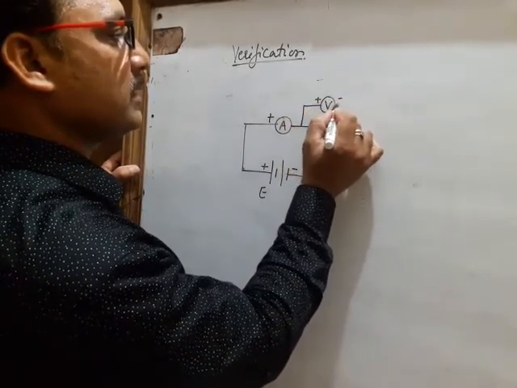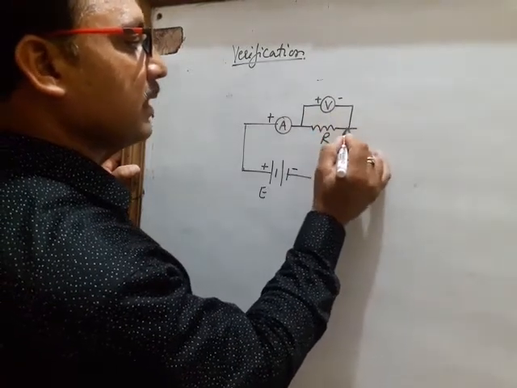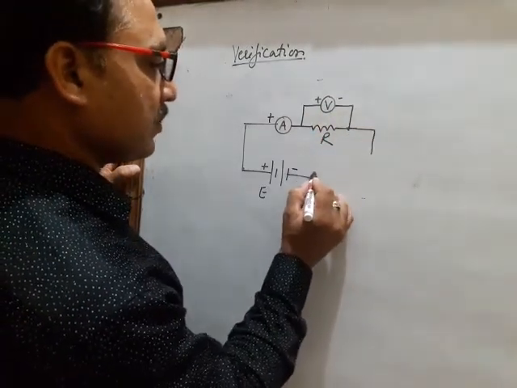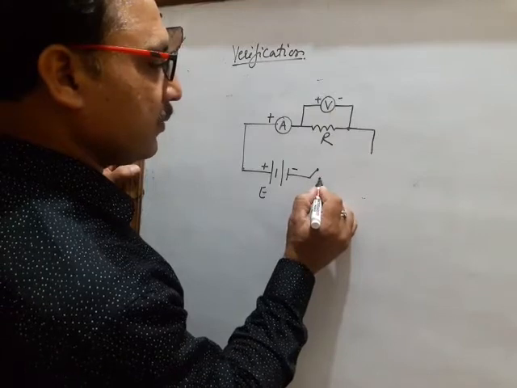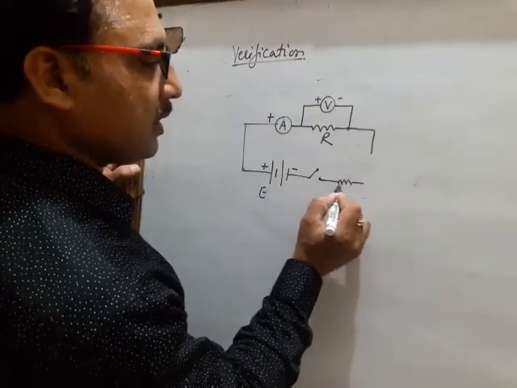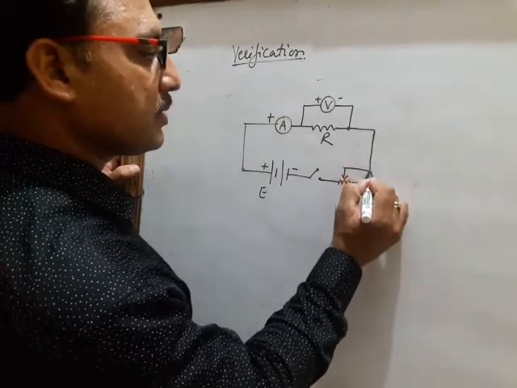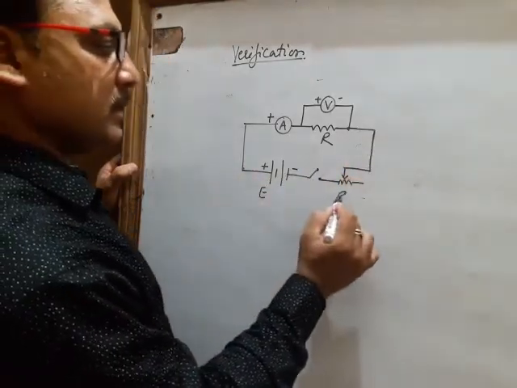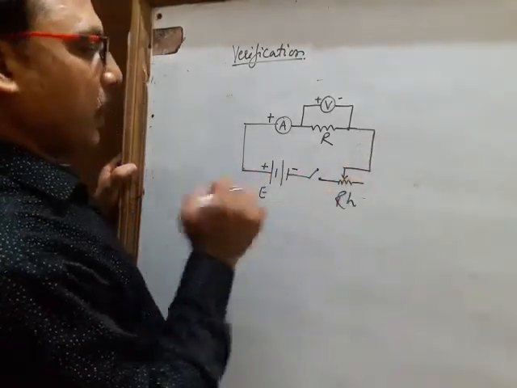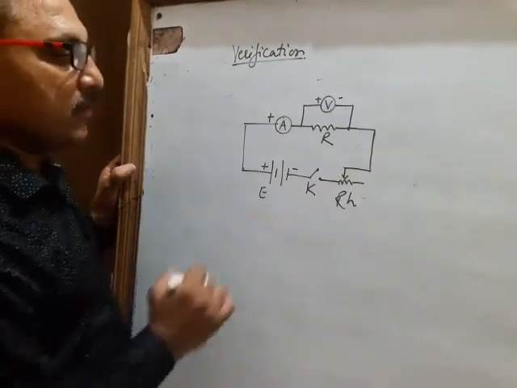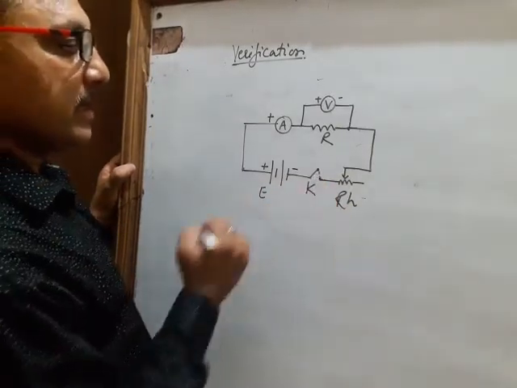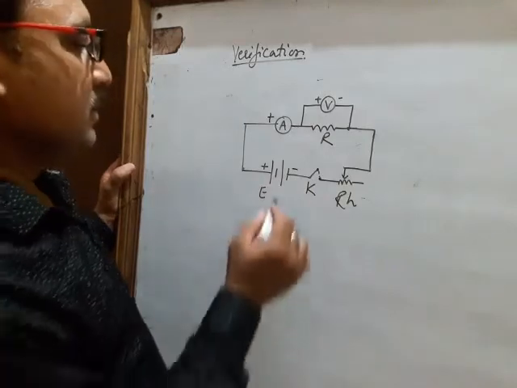This is the plus side, this is the minus side. And then you connect here one key, then one rheostat. This is RH. This is the key, K, a one-way key, an on and off switch. This is the battery.